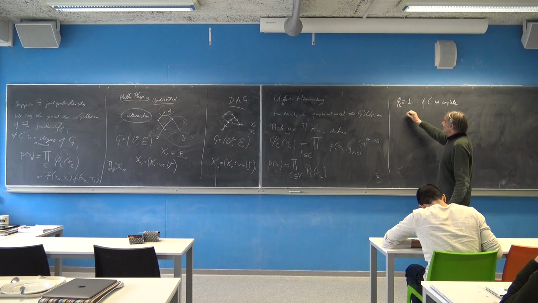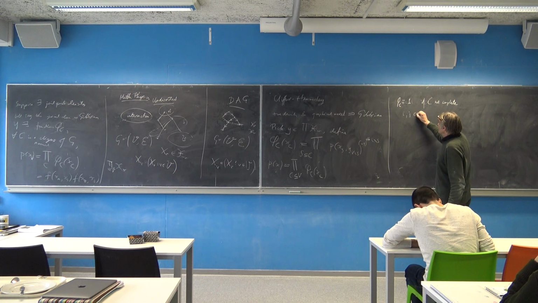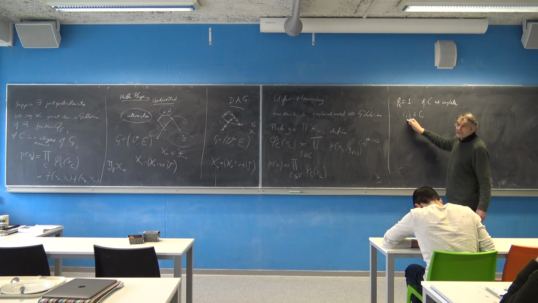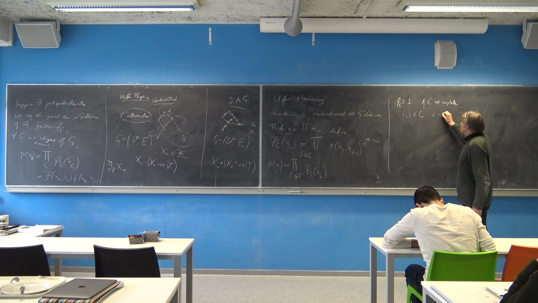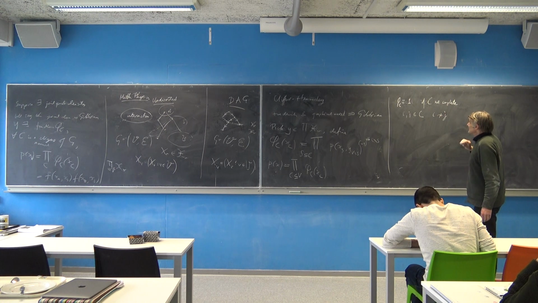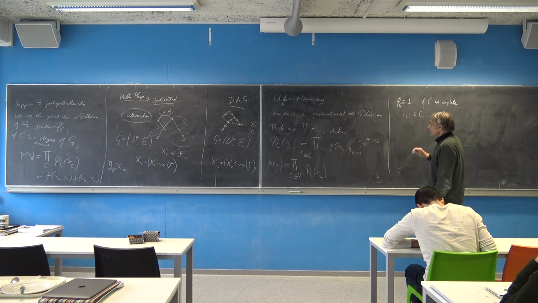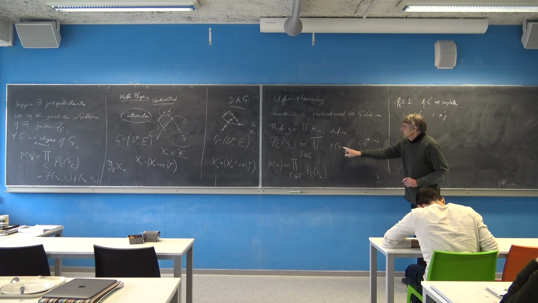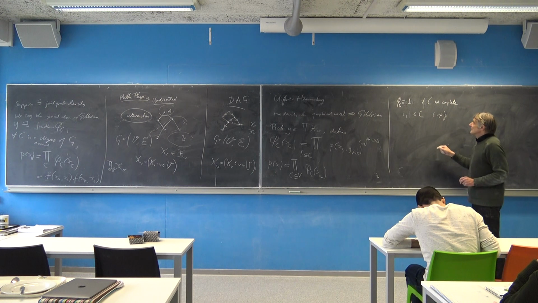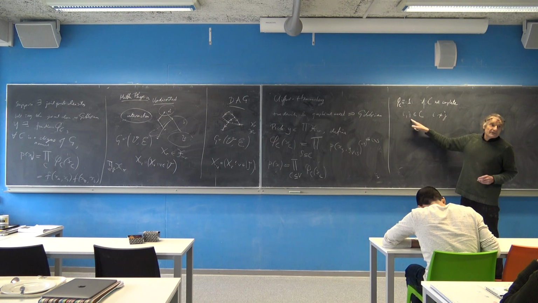So there exists an I and a J in C, different, such that I is not a neighbor of J. And then we write this product, and we distinguish between whether S contains one or both of these two.